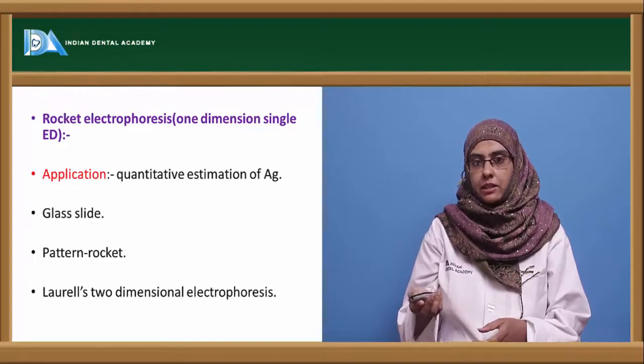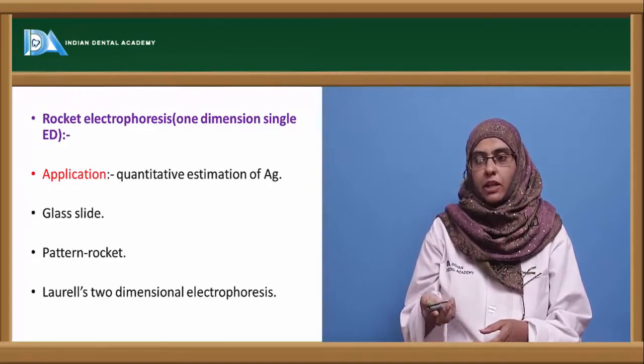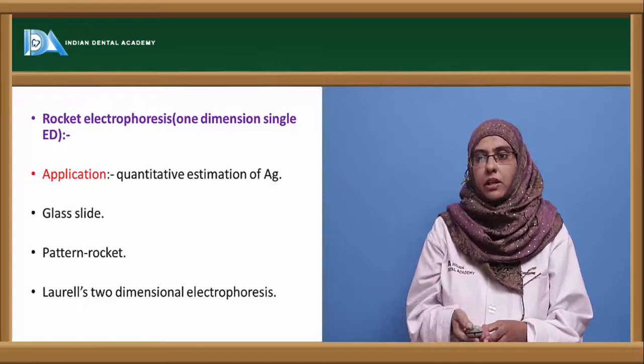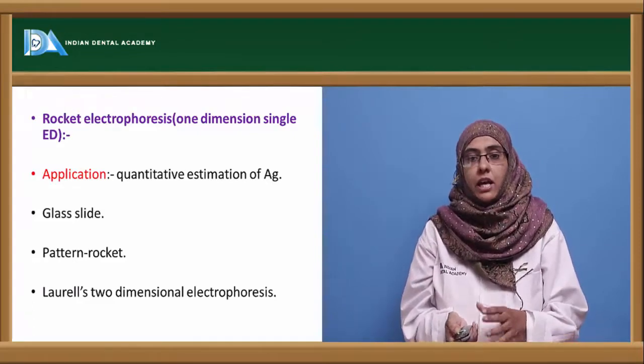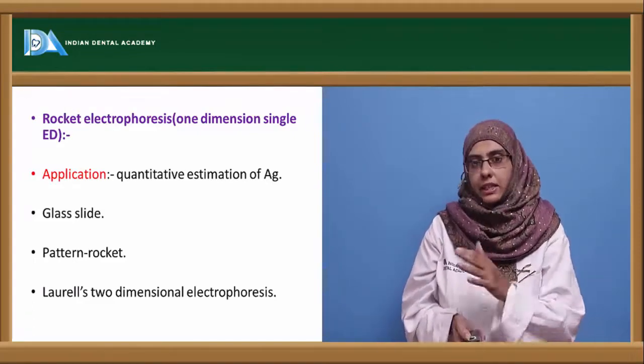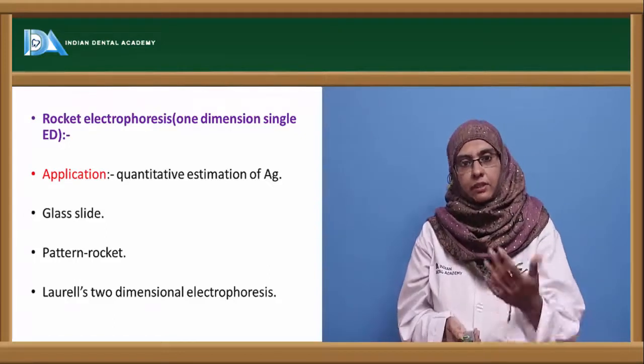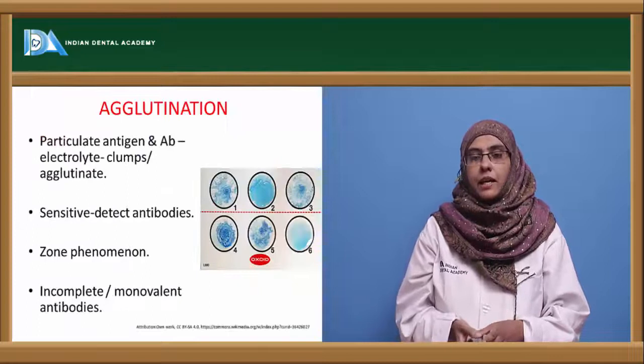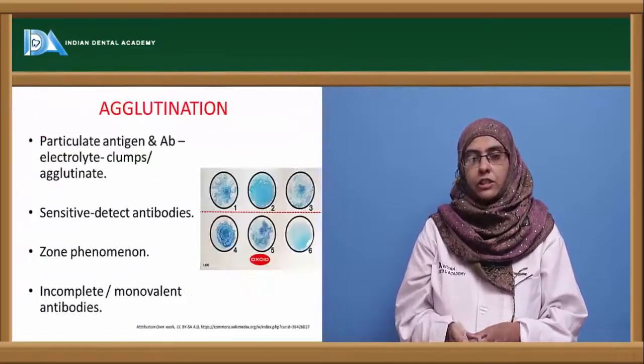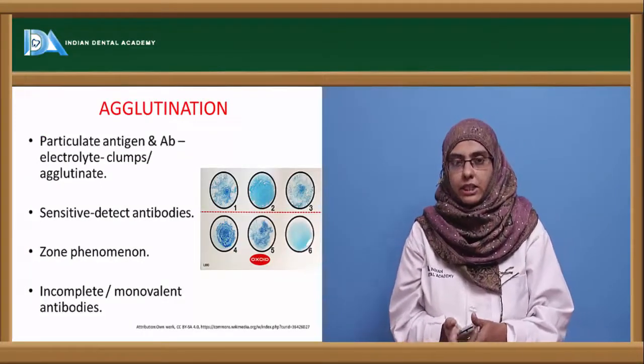A modified form of this is Laurell's two-dimensional electrophoresis, where the first technique carried out is electrophoresis and then immunodiffusion.